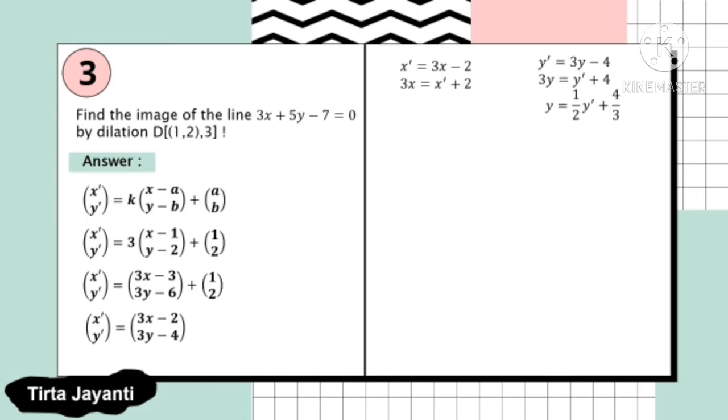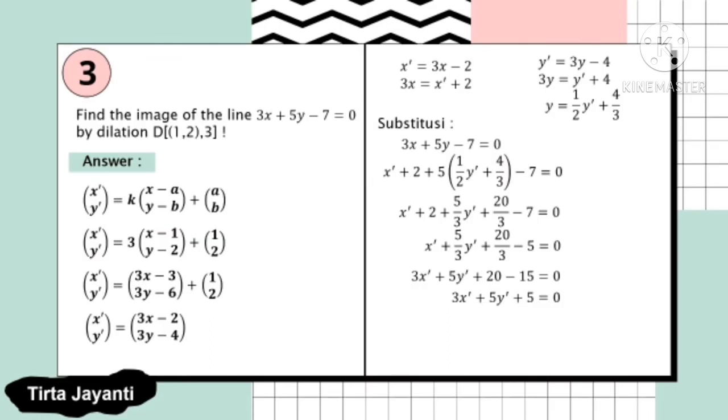So y is equal to 1 over 3 y prime plus 4 over 3. Now we do the substitutions for x and y into the line equation 3x plus 5y minus 7 is equal to 0.